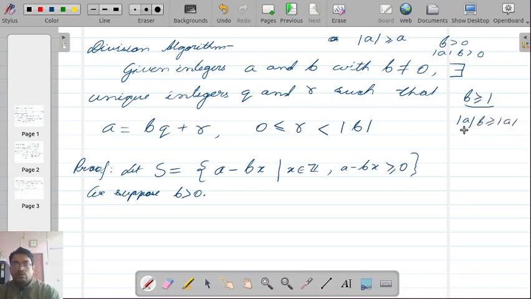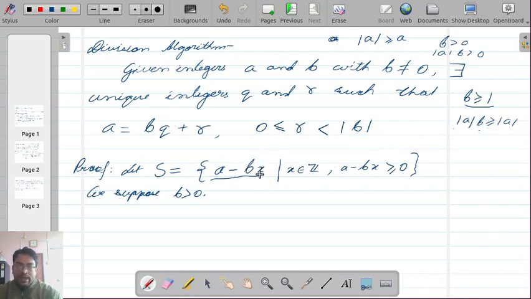Here we have something like a minus bx. If we take x equal to mod a, this is going to be negative, since b into mod a is already greater than a.